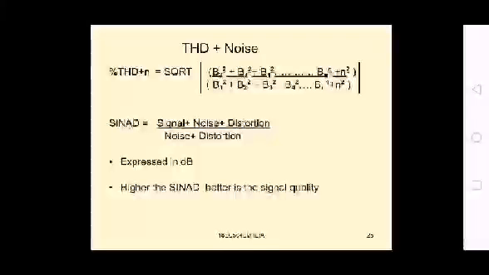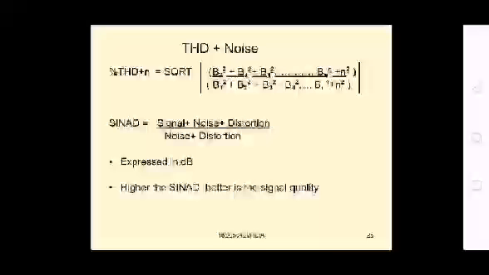If noise is also present, then percentage of total harmonic distortion plus noise is the square root of B2 square plus B3 square plus B4 square up to Bn square, plus noise, divided by B1 square plus B2 square and so on up to Bn square. So noise is added to the numerator as well as to the denominator.